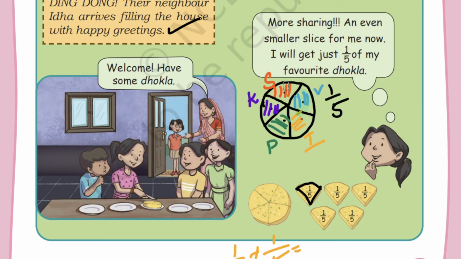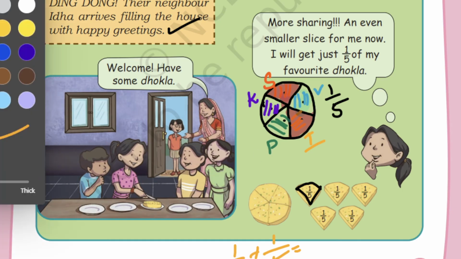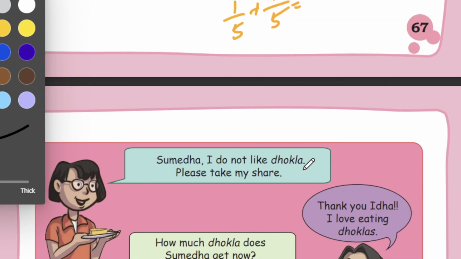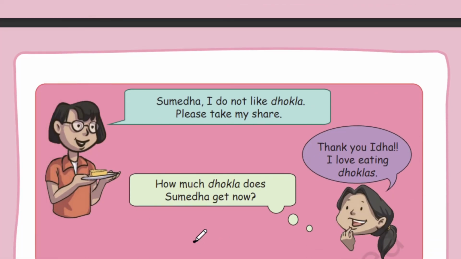Okay, I'm going to highlight Sumeda's portion and Ida's portion. Now how many pieces she is getting? 2. So 2 by 5. So 2 pieces she is getting from this. So it is 2 by 5.